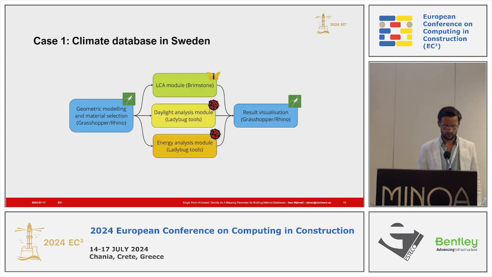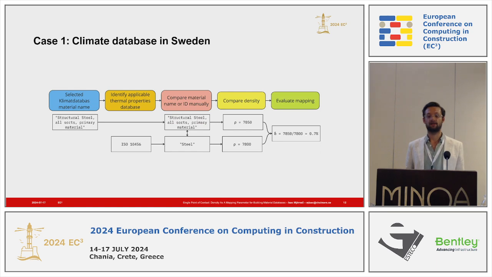And this is a typical workflow that we use for the first case study, and this is typical for life cycle building performance assessment. We use a daylight and energy analysis with Ladybug and Honeybee, and we use a plugin for Grasshopper called Brimstone, which we use to make life cycle assessments.